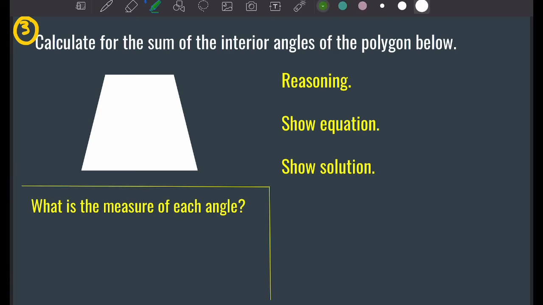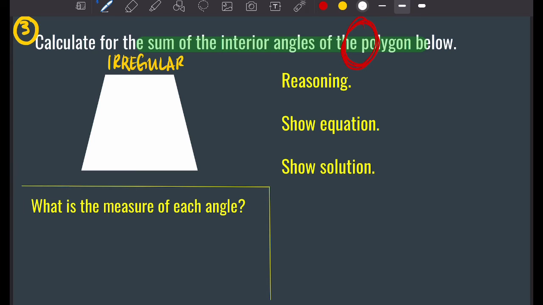Again, it's asking, calculate the sum of the interior angles of the polygon below. What do you notice is missing? There is no description. It does not say that it is a regular polygon. If it doesn't say it's a regular polygon, just look at it. You know that this particular polygon is an irregular polygon. Not all sides are equal, and not all angles are equal.